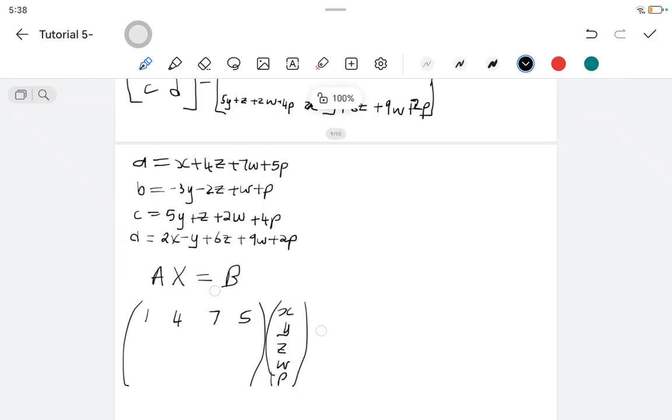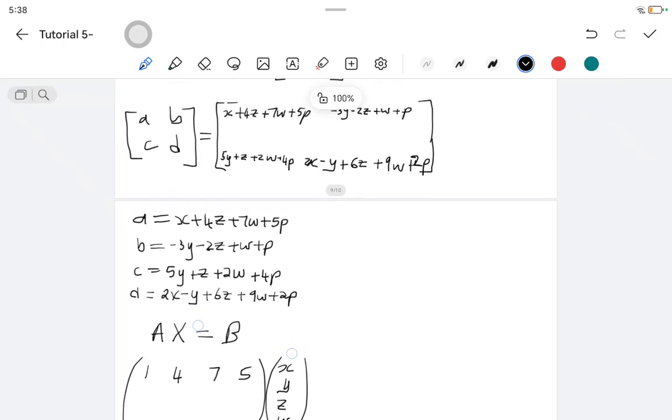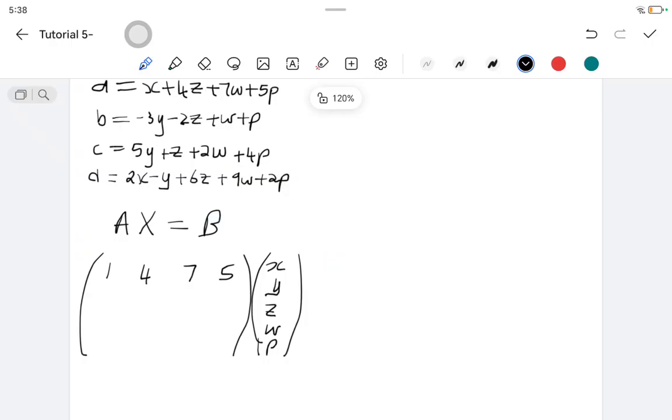You can check from here if the system would work out or not. So if you check here, for b there's no x here, so it's 0, then y here will be minus 3, then minus 2z.